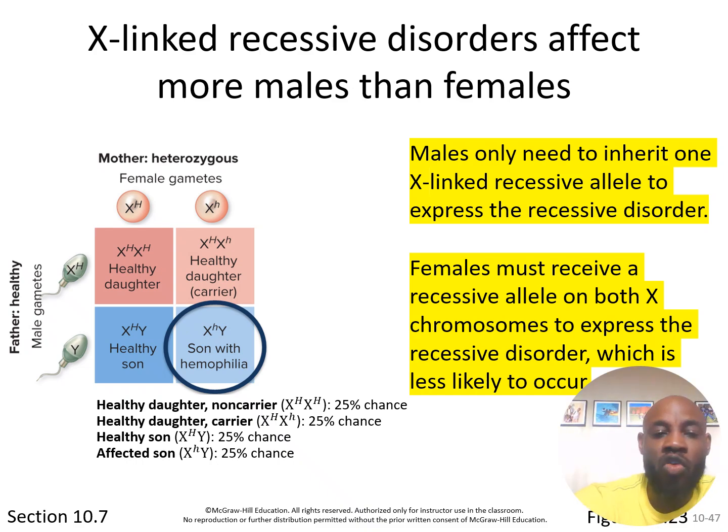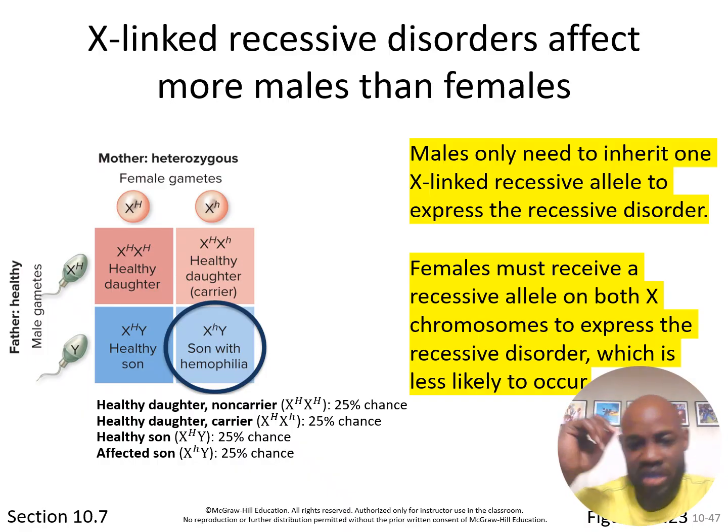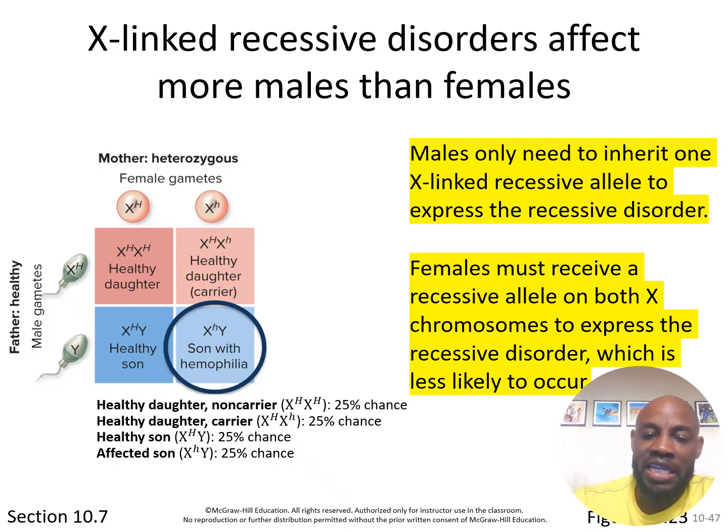The father can only give the dominant X-H or a Y, so the only chance of having a child with recessive hemophilia in this case is if it's a male. The mother cannot make a female with the disease.